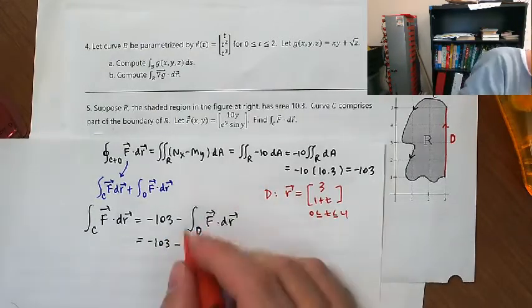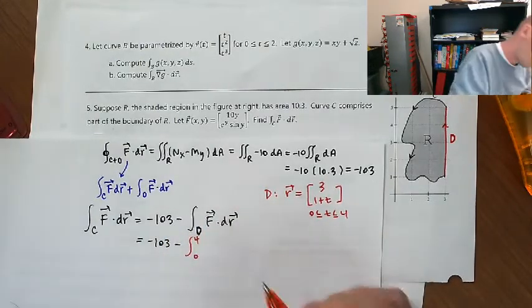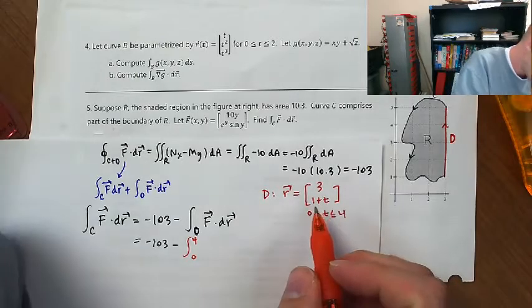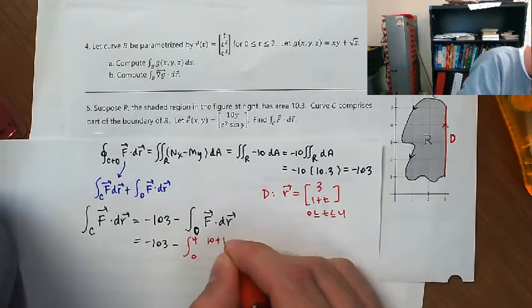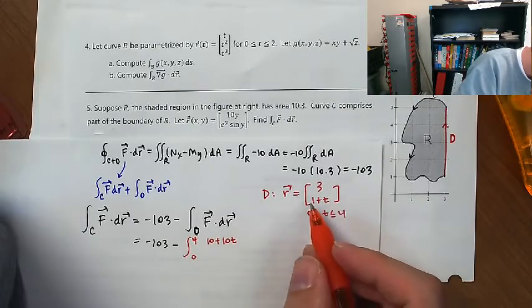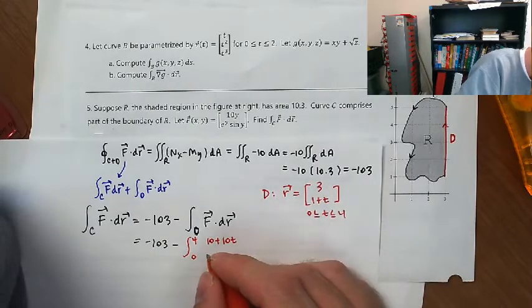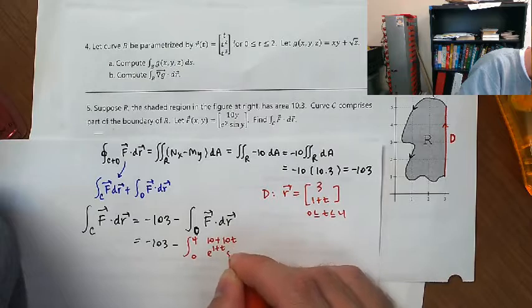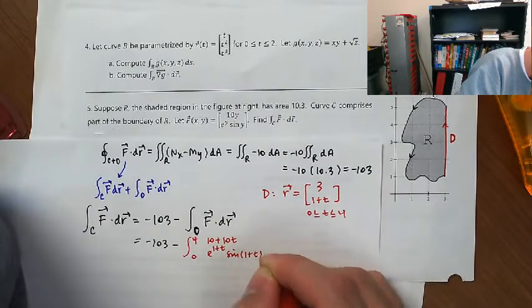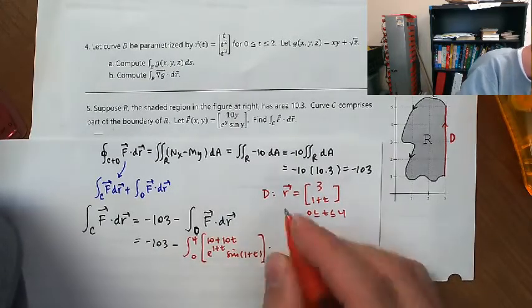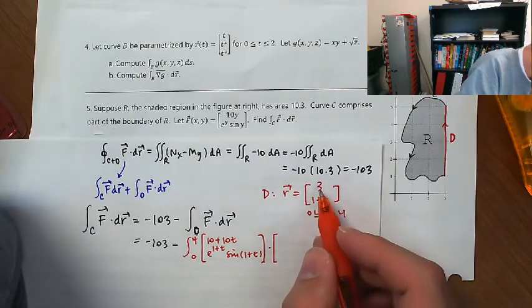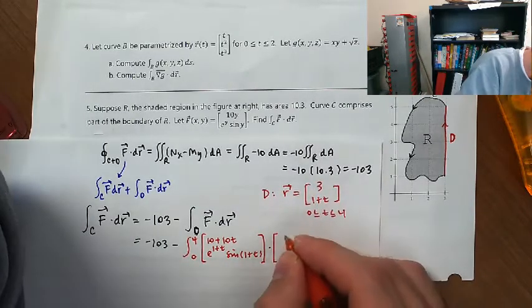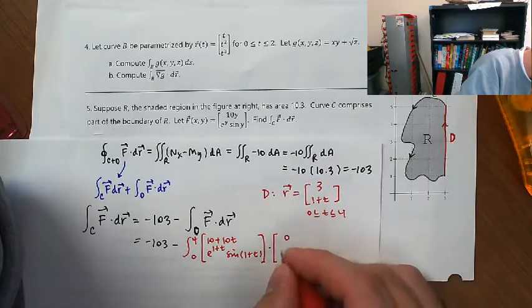So that would be minus the integral from 0 to 4 of f of r of t, which is going to be, right, f is 10y. So that's 10 plus 10t, and e to the y sine y, e to the 1 plus t sine of 1 plus t, and dot that with dr, which is x prime of t dt, that's 0 dt, and 1 plus t, its derivative is 1 dt.